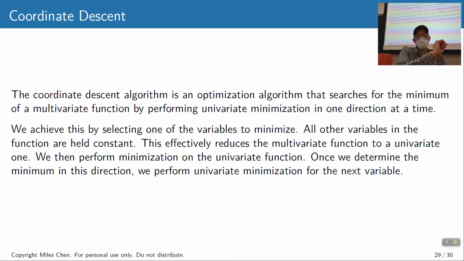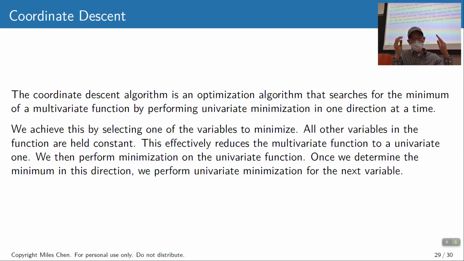If you have a function of two variables, you hold one of them constant. If you hold y constant, then it just becomes a function of x. Or you hold x constant, and then it just becomes a function of y. If you hold one of those things constant, it becomes a function of one variable.